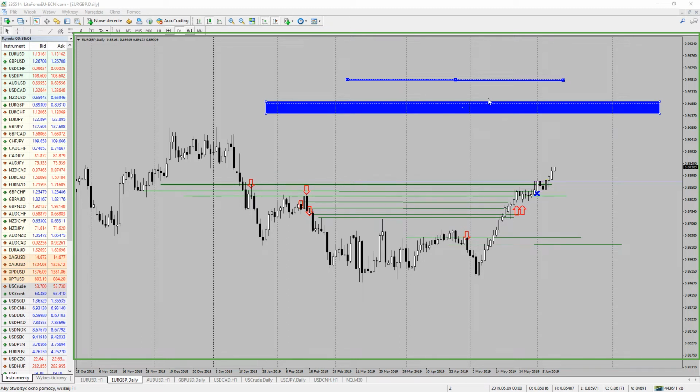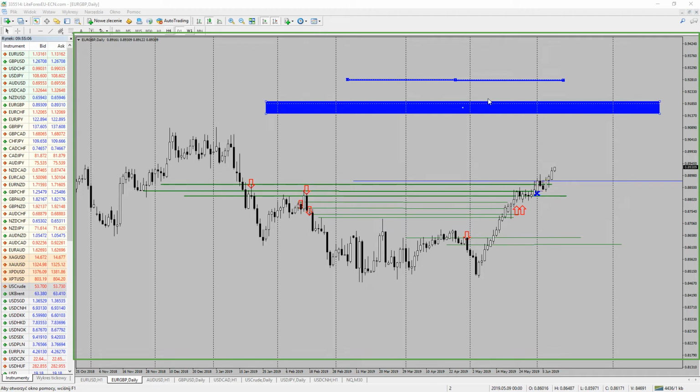And finally, the green color will in most cases represent the high and low of the first day of the week. In that case, of course, we are talking about Monday.